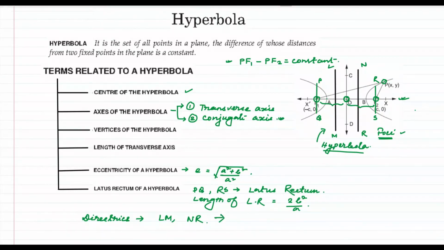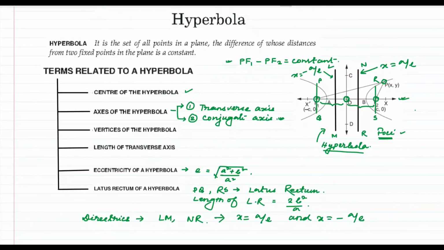The equations of the directrices are x equals a by e and x equals minus a by e.